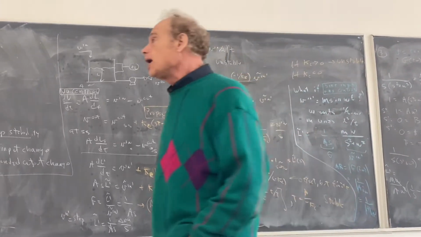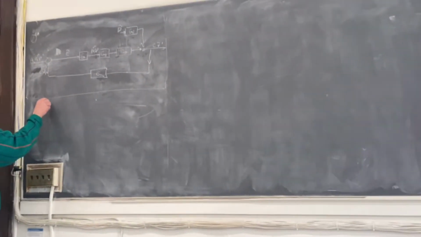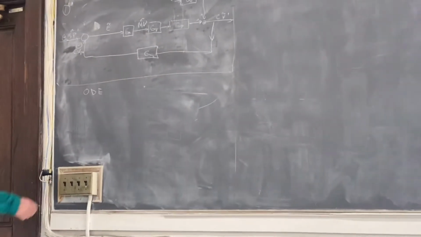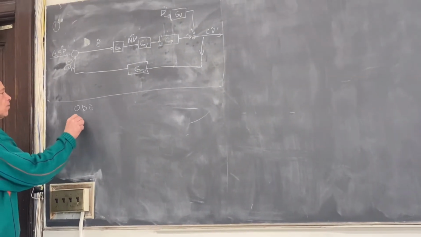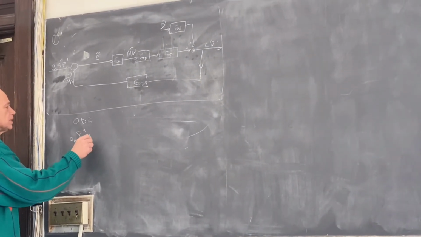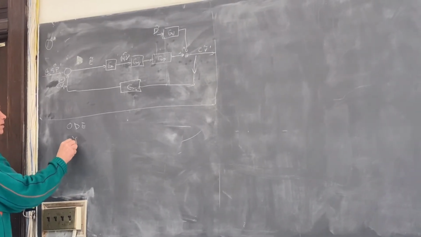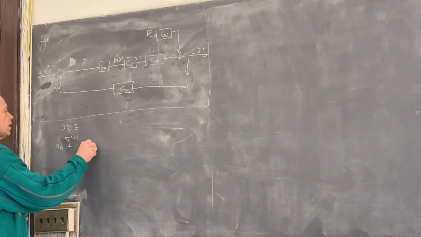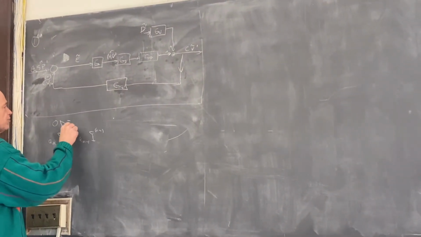Okay, well, just a little bit of a refresher. If we have an ordinary differential equation, and let's say we have a_n y to the n, n derivatives of y, plus a_{n-1}, n minus 1 derivatives of y. This is the number of derivatives.